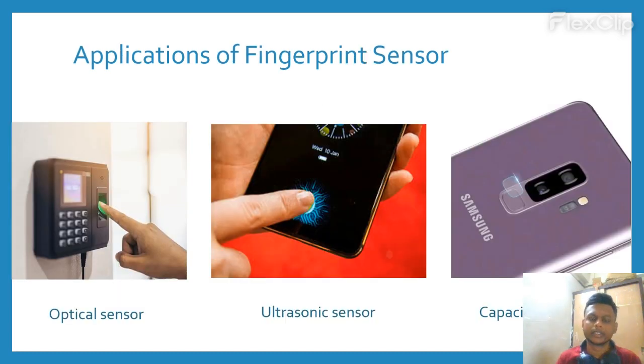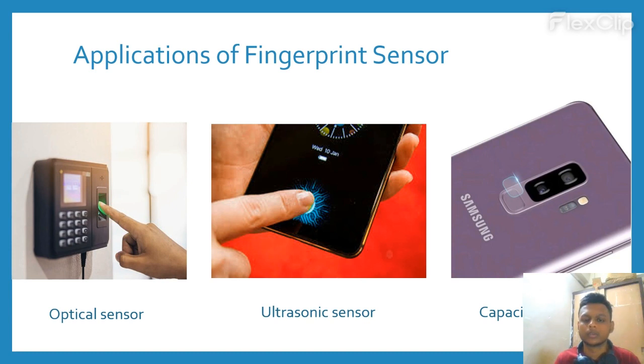Here are some of the applications of fingerprint sensors. As most of you have seen, there is a biometric authentication device which you can use for attendance purposes in our hostels. This device basically uses the optical sensor as it is durable when compared to ultrasonic and capacitive sensors.